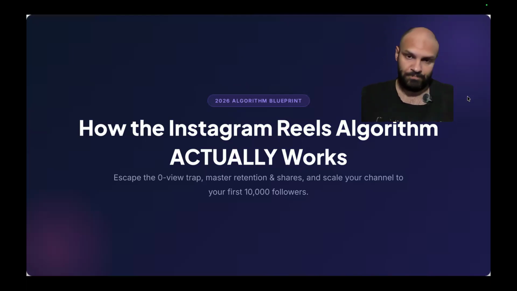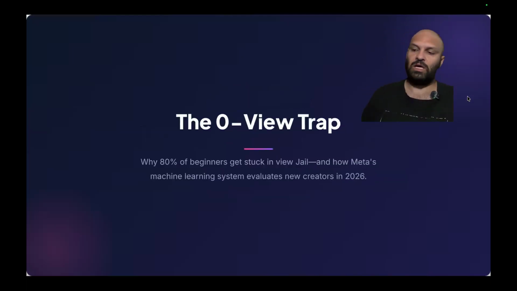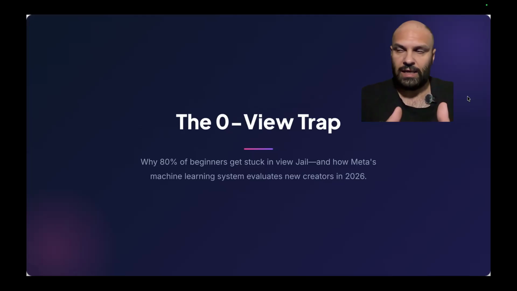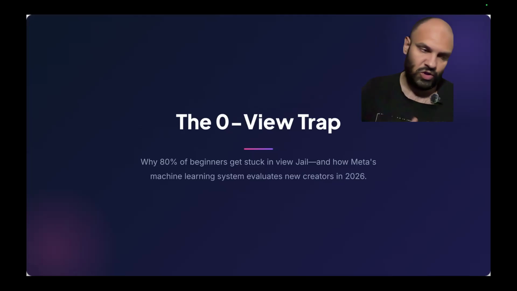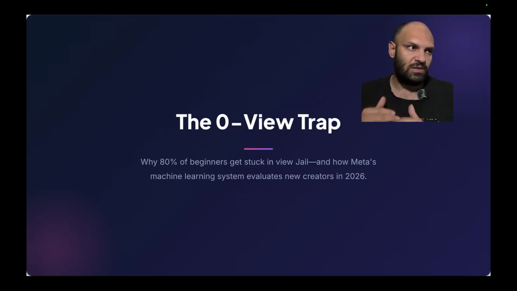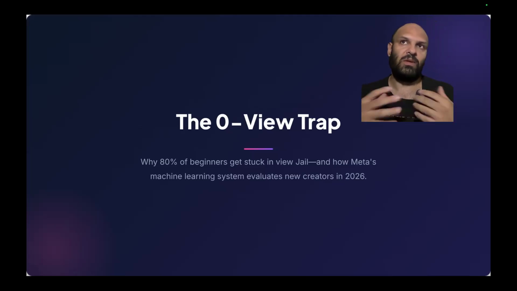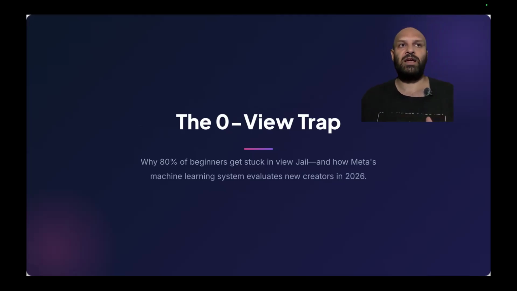Okay, so let me just give you this rundown real quick. Most people who start Instagram these days, and some of the advanced students that I have as well, tend to have this zero view trap. I'm not saying zero views, because there is a way to make the reels work, I will show you in a second. But my students tend to say that if they get 200 to 1,000 views on a reel, that's basically zero for them.